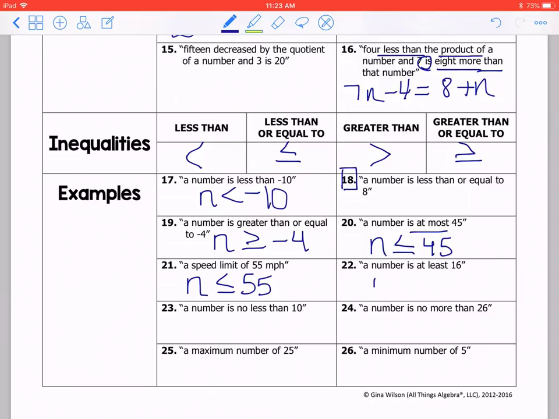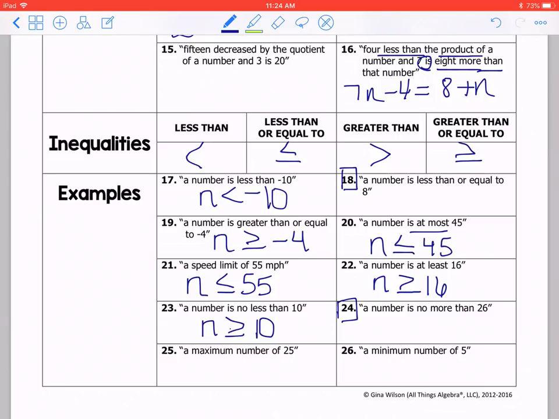So I need to make at least $16 to pay my cell phone bill. So it would be greater than or equal to 16. A number is no less than 10, which means it's not less than 10, so it has to be the other way. It can be greater than or equal to 10. Just can't be under it. 24, you do.